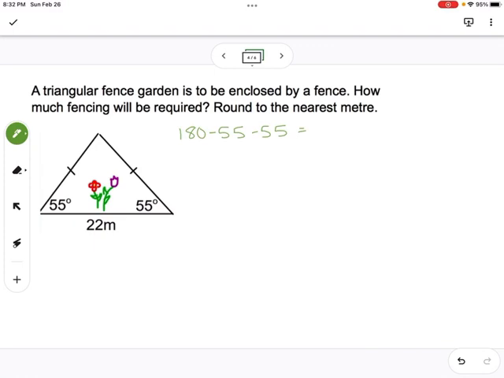Okay, that gives us 70 degrees. So we have 70 degrees here. Okay. Now we want to find our sides.